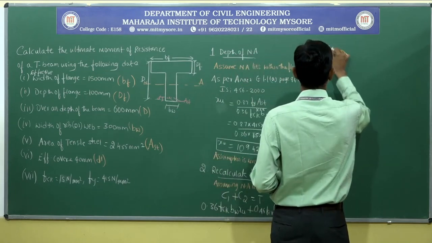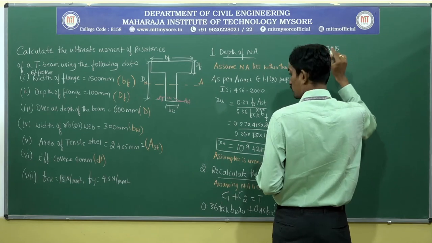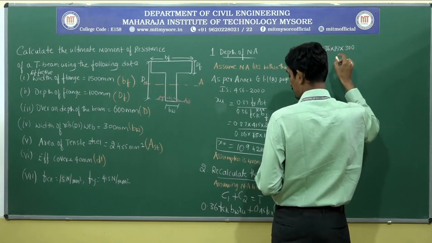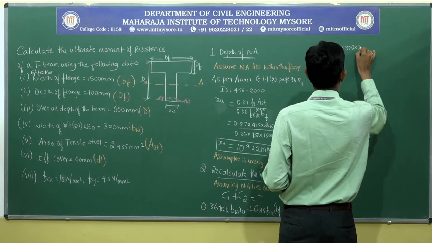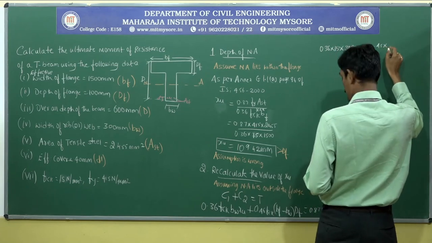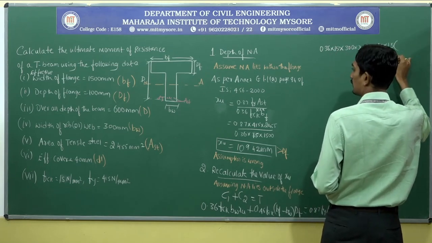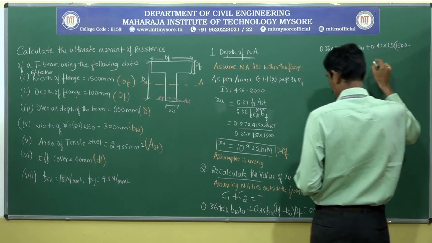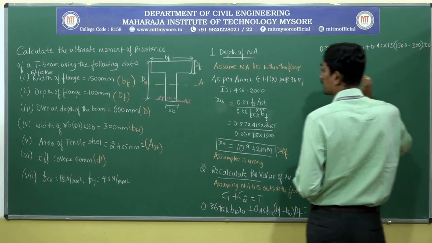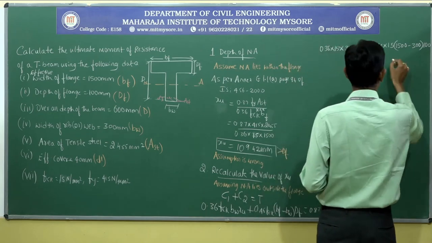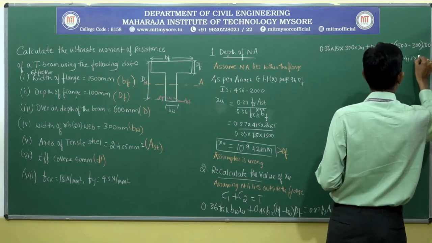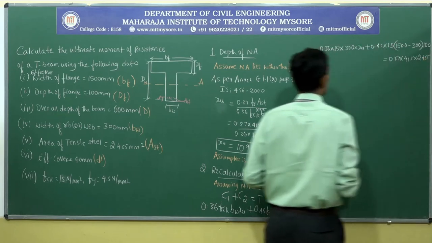That is 0.36 into, please be careful, grade of concrete has been changed to 15, so 15 into BW, width of the web or rib is 300, into XU plus 0.45 into 15 into BF value is 1500 minus BW 300 into depth of the flange, which is 100 millimeter, equal to 0.87 into 415 into AST value is 2455.